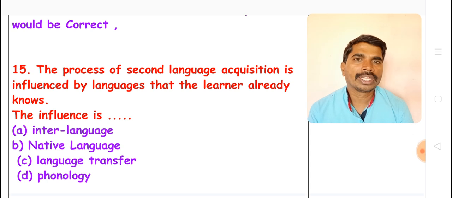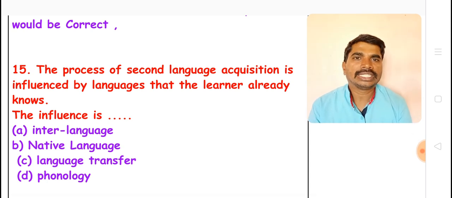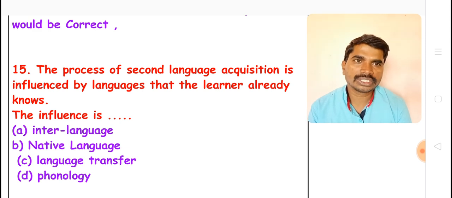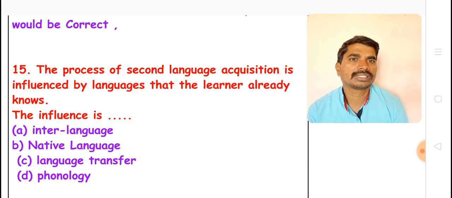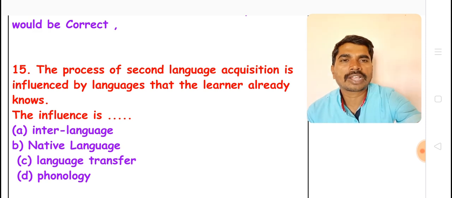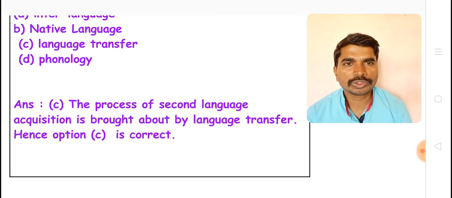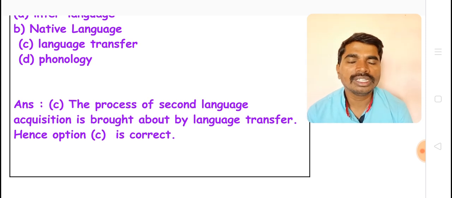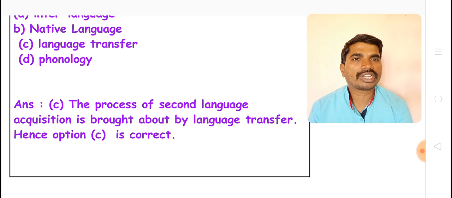Last one. The process of second language acquisition is influenced by the languages that the learner already knows. What kind of influence is this? Here the influence is language transfer. The process of second language acquisition is brought about by language transfer. This is very, very important.